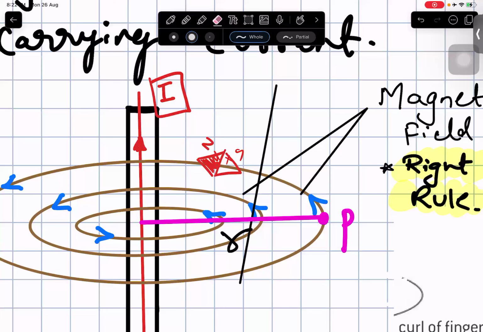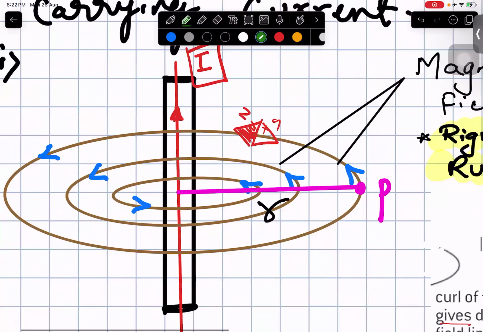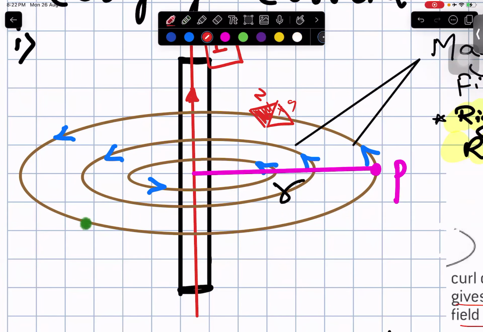So at any point, if you draw a tangent, it'll give you the direction of the north pole. So at this spot, if I have to identify the direction of the magnetic field, I'll draw a tangent, and the tangent will be the north pole of it, and the opposite will be the south pole.